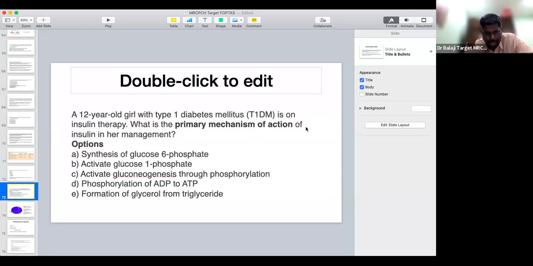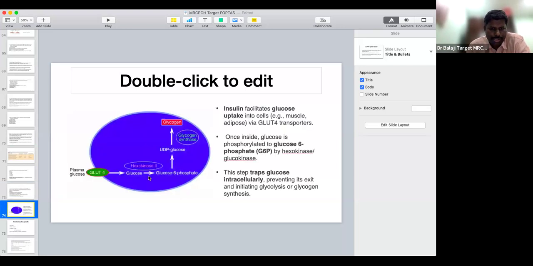So like this, they also often ask what is the primary mechanism of action of insulin. So in a diabetic child, what is the main mechanism? It is the conversion of glucose to glucose 6-phosphate. What insulin does is it opens up the GLUT4 channel, it promotes the GLUT4 channel, and then glucose enters inside and gets converted to glucose 6-phosphate.